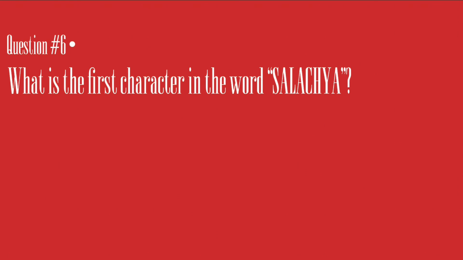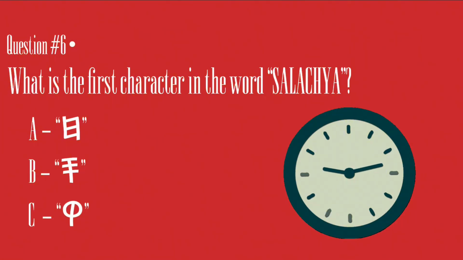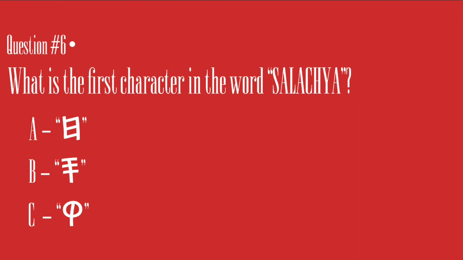Question 6. To spell the word Salakia, which character would you start off with? A, Chat, B, Imak, or C, Kwaya? If you chose B for Imak, then you are correct.